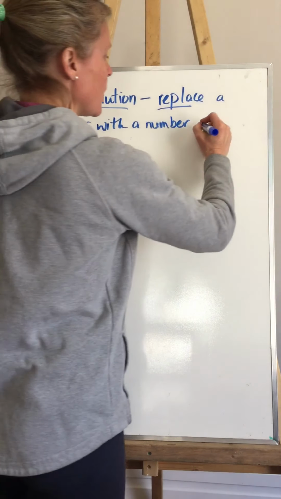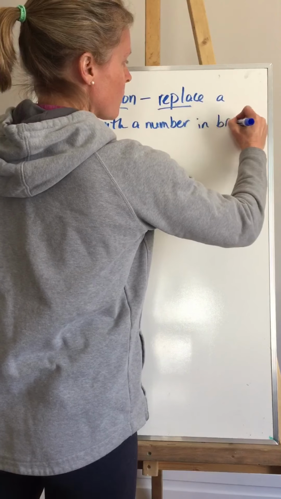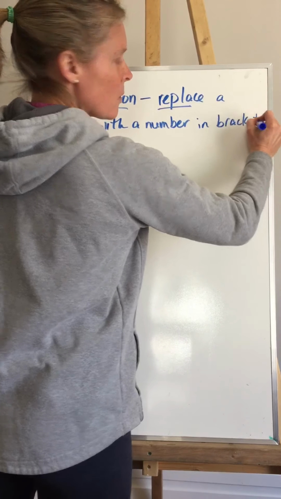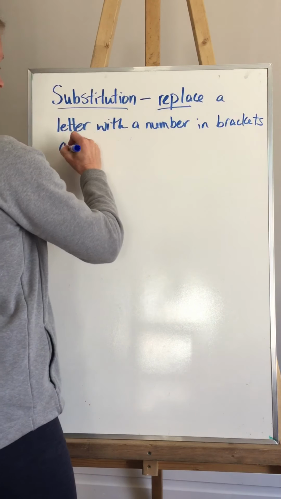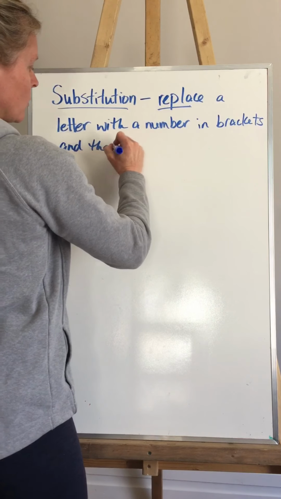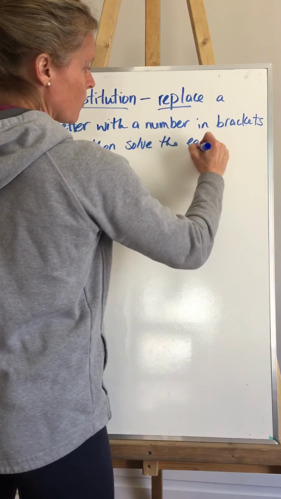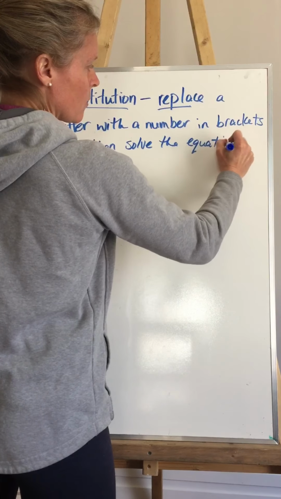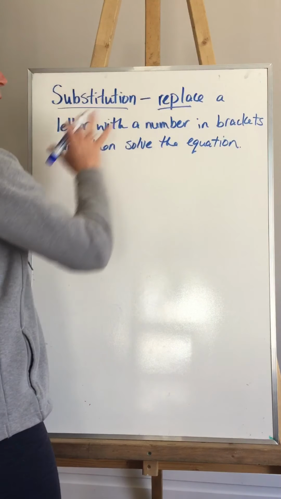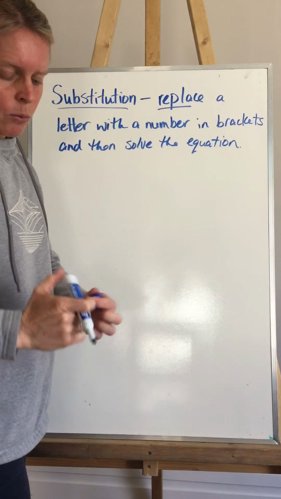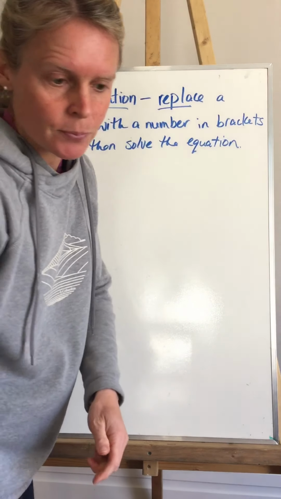So you put the number in brackets and then solve the equation. Okay, so just a bit of a definition and now we'll do some examples.